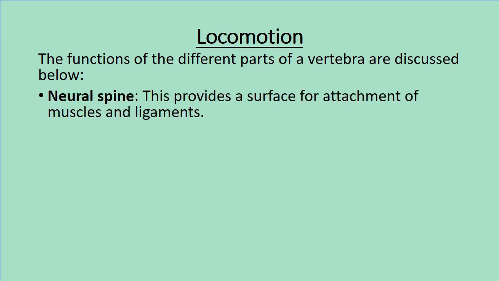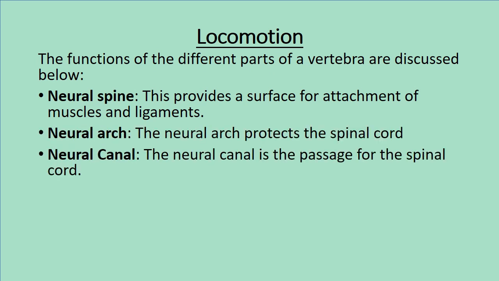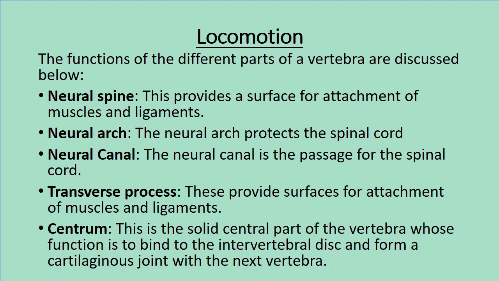The neurospine provides a surface for attachment of muscles and ligaments. The neural arc protects the spinal cord. The neural canal is the passage for the spinal cord. The transverse process provides surface for attachment of muscles and ligaments, just like the neural spine. The centrum is a solid central part of the vertebrae whose function is to bind to the intervertebral disc and form a cartilaginous joint with the next vertebrae.